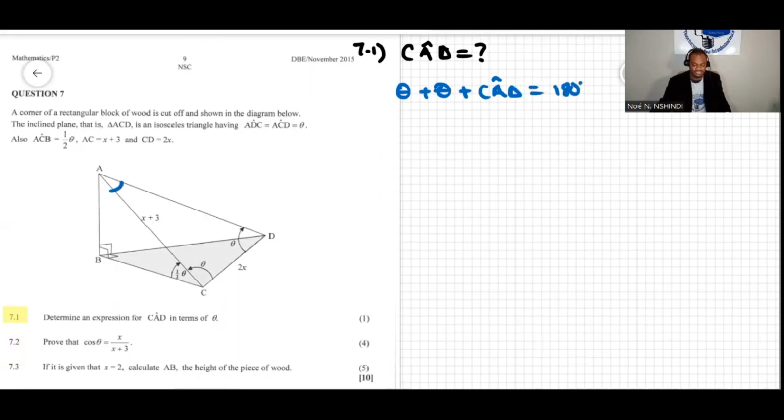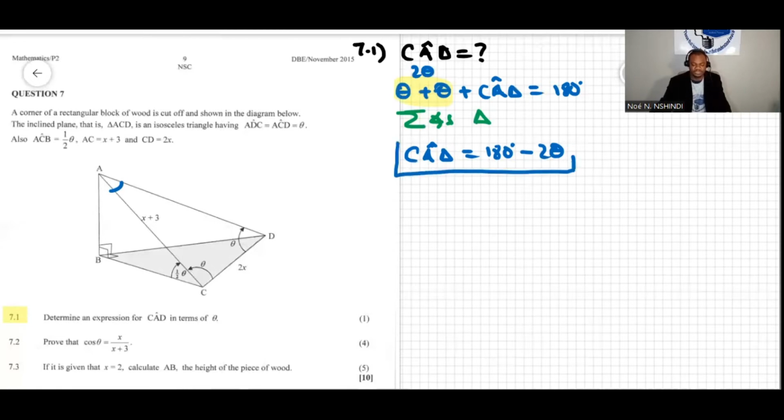The reason is the sum of angles in a triangle. Theta plus theta makes 2 theta. If I move them over, that makes CAD equal to 180 degrees minus 2 theta. That's the expression in terms of theta.